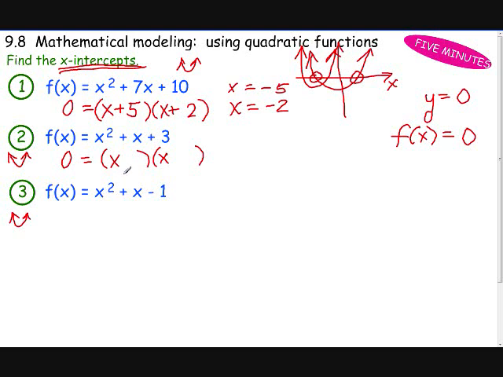Let's see if there will even be any x-intercepts. One of the things we know about x-intercepts is they only happen for real number solutions.